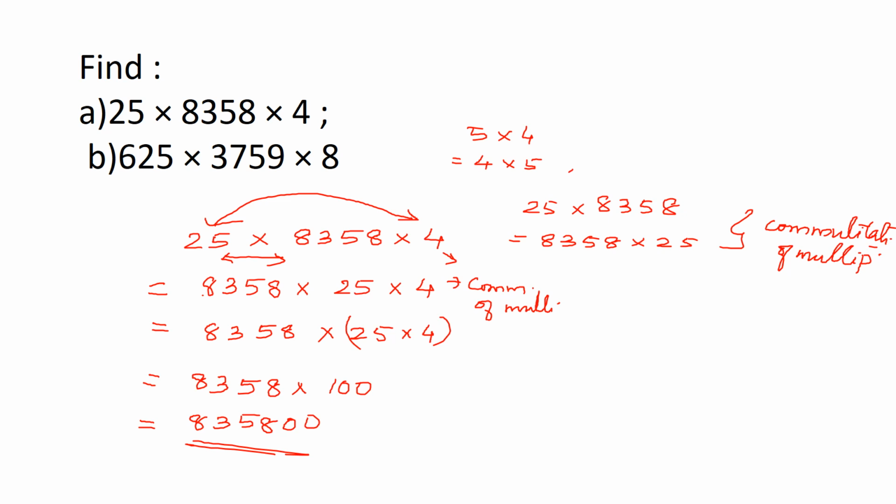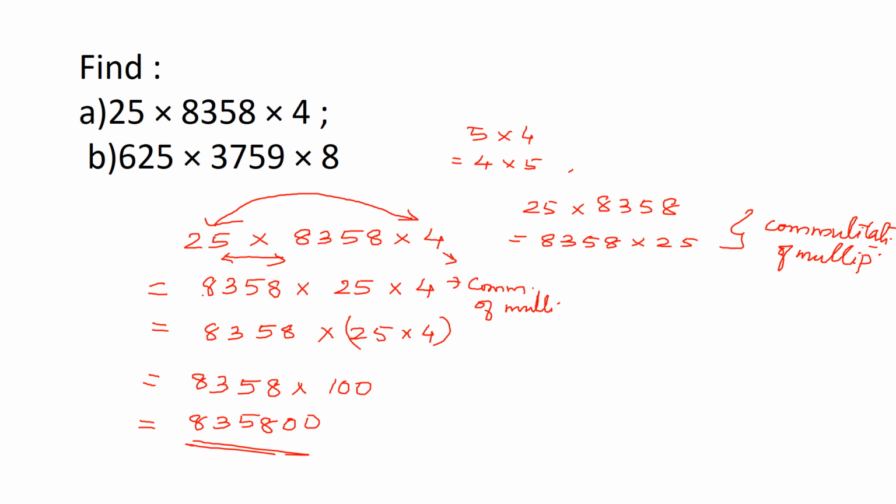The second question, children. 625 into 3759 into 8. Now how are we going to do that? You have learned that 625 into 16 is 10,000, isn't it?